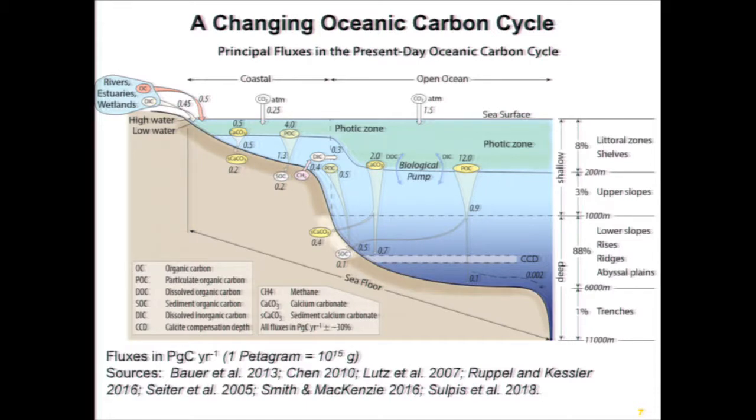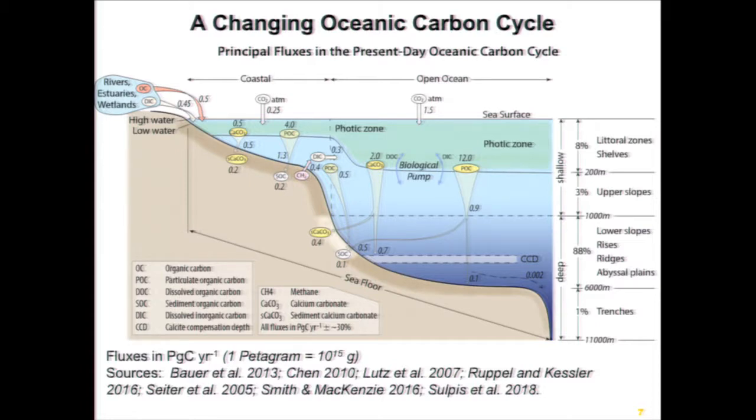And one of the reasons for that is that when carbon reaches the deep ocean, either if it's buried or even remineralized in this zone, at least it's sequestered from the atmosphere on human timescales. So we are interested in what fluxes do come down through the biological pump to this realm.